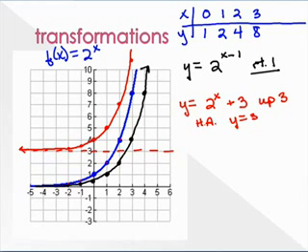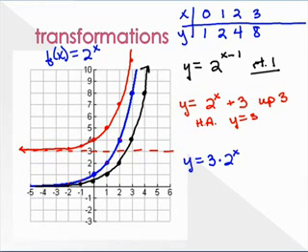Okay? And then let's say that we're going to take a number. I'm going to have to use blue. I don't have too many options for colors here. Let's say that we take y is equal to, we've got our 2 to the x, and what we're going to do is we're going to multiply it times a number. So we're going to put a number out to the front. Now remember before, when we had like an absolute value or something, that's what changes the slope of it.